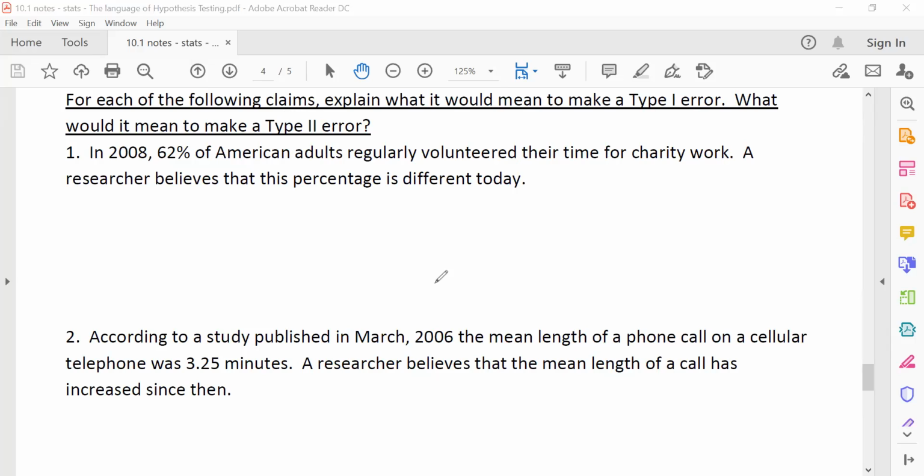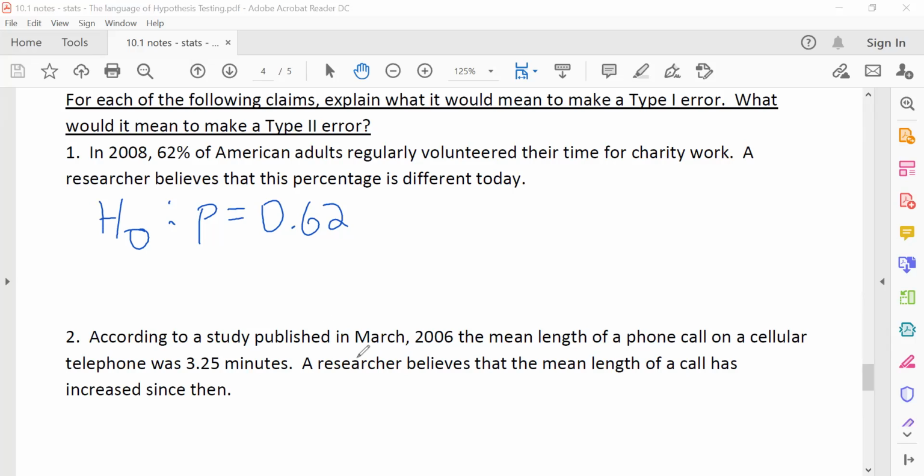In 2008, 62% of Americans regularly volunteered their time for charity work. A researcher believes that this percentage is different today. So the null hypothesis, which is always going to be a statement of equality, is going to be that P, the proportion of American adults who regularly volunteer their time for charity work, is equal to 0.62 or 62%.